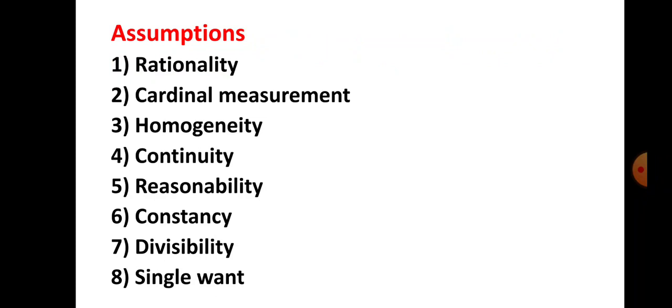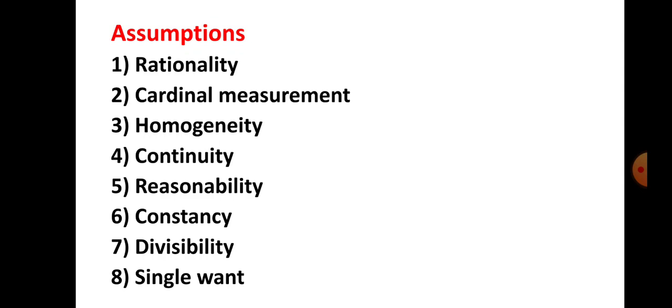Number 2, utility can be measured in cardinal numbers, so that is cardinal measurement. Number 3, homogeneity. Whatever unit is consumed by the consumer should be homogeneous in shape, size, color. Number 4, continuity. There is no time gap between the consumption of 2 units of commodity. Number 5, reasonability. Whatever units are consumed by the consumer should be of reasonable size, not too big, not too small.